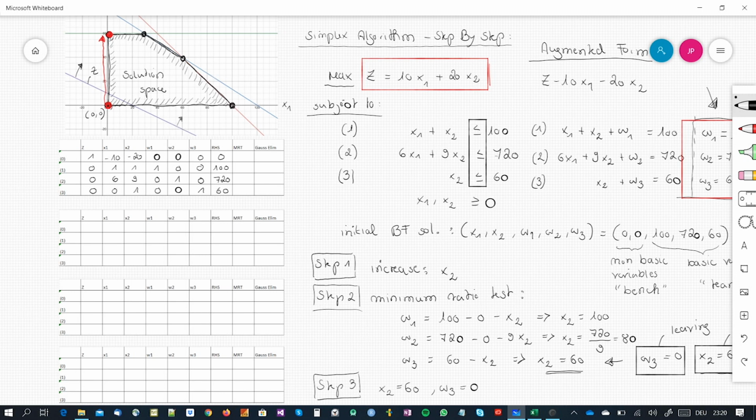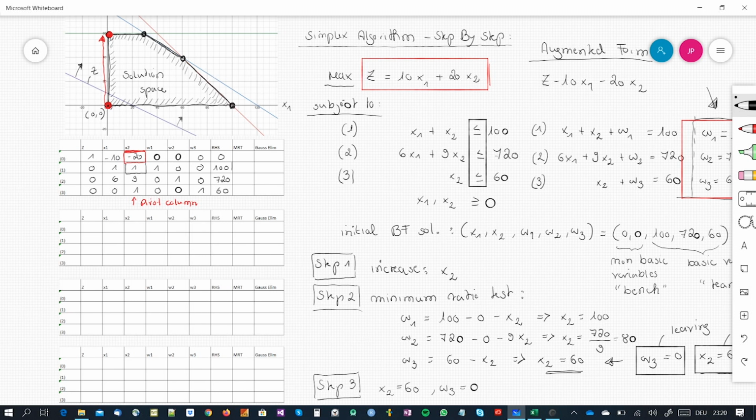Now looking at the minimum ratio test, it's done as follows. We have first of all decided that we would increase x2 first. So this is also called our pivot column. And now we want to find our pivot element by doing the minimum ratio test. So we divide the right-hand side by the element of the pivot column.